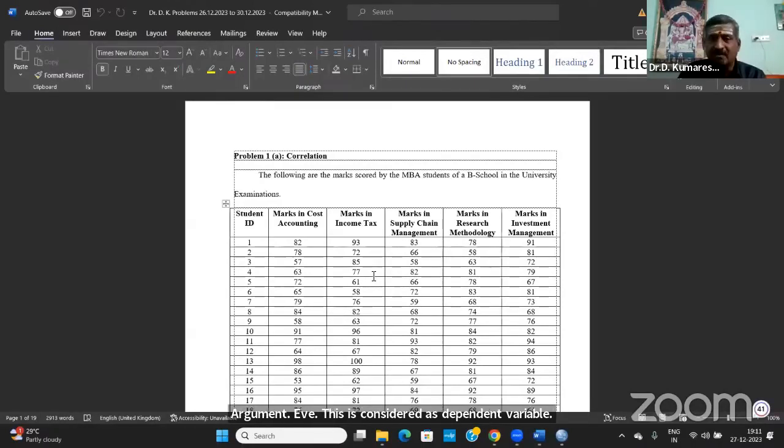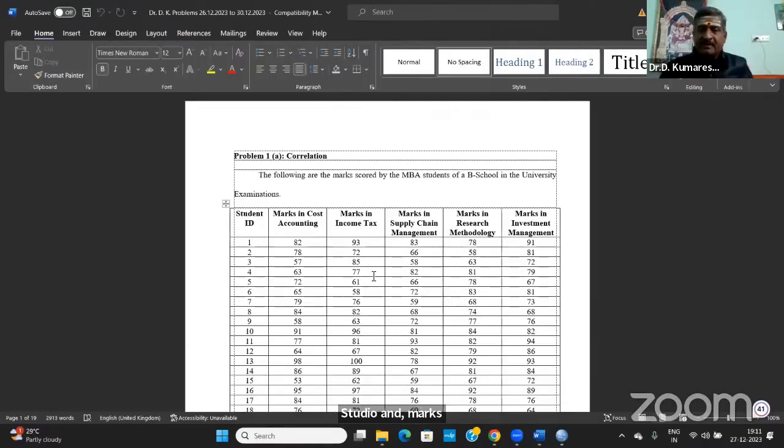The time spent preparing for the exam at school or at college: there may be a relationship between study hours and marks obtained.